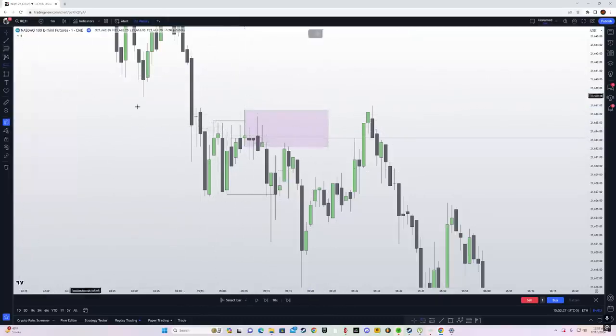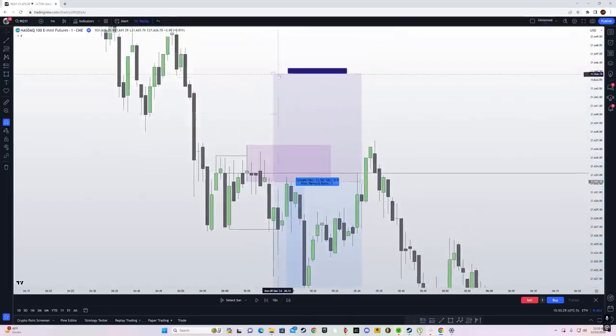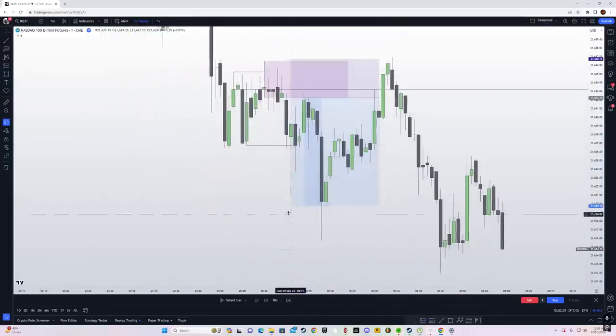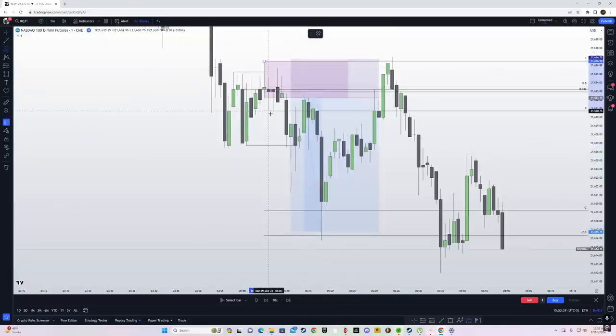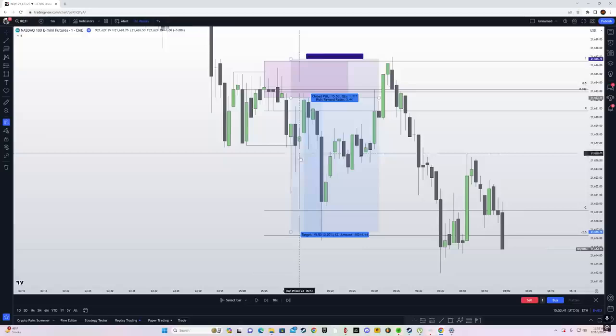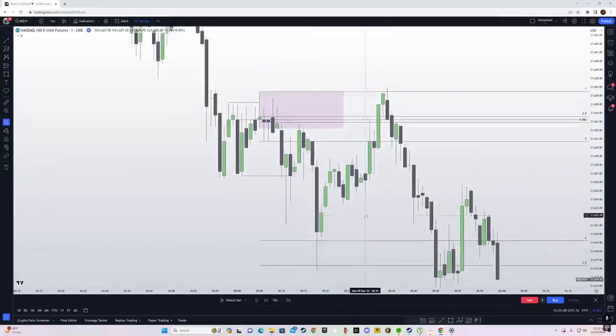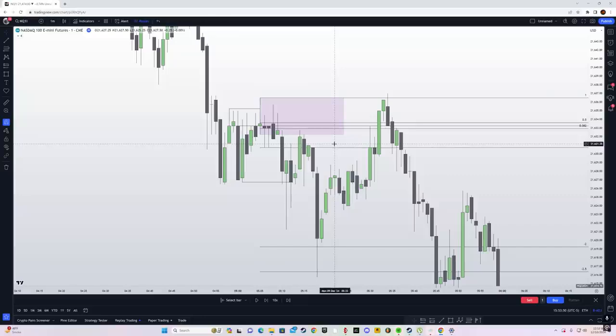So right here, you can see if you took your entry from this level, you put your stop here, you could have easily gotten a big expansion to the downside, giving you at least 3.44. And you can basically just use standard deviation tools, projections like this that I've taught in my previous videos, and you can take your targets around here or around here. As I said before, this is not the cleanest example. I'm going to show you the cleanest examples in the next examples.